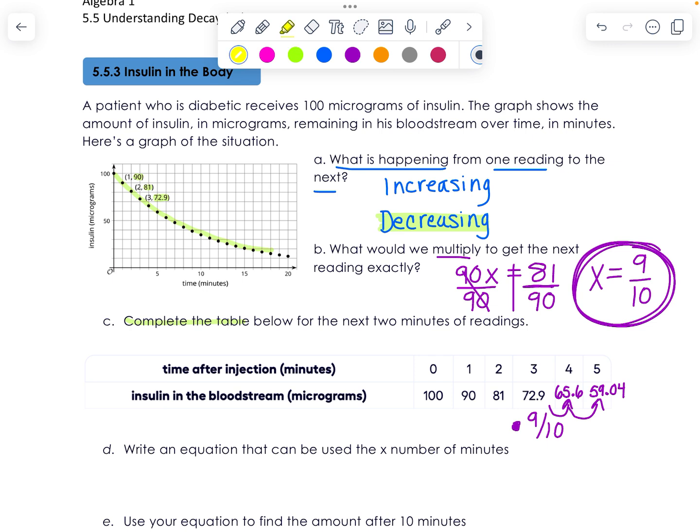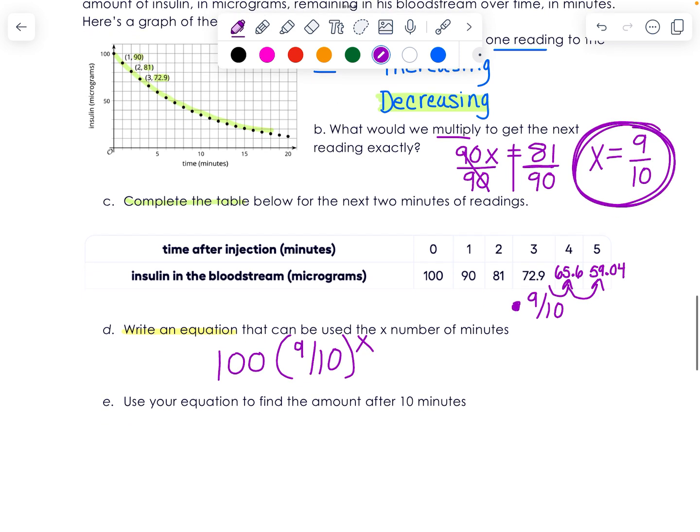Part D says to write the equation. So we started with 100. We multiplied by 9 over 10, x number of times. Once you have the equation, you can use the equation to find the amount after 10 minutes. So 100 times 9 over 10.